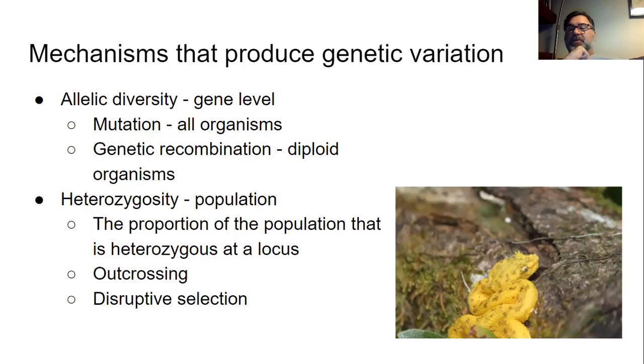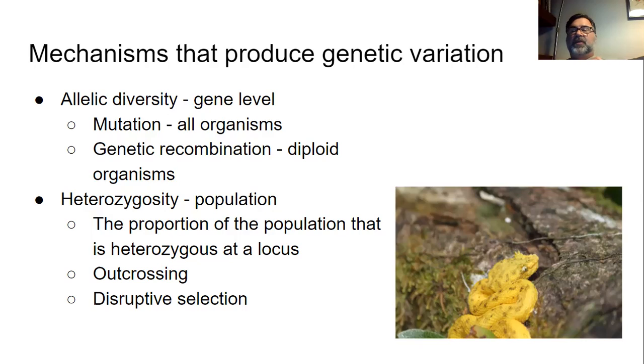For sexually reproducing diploid organisms, genetic recombination is the source of allelic diversity, in such a way that when there's crossing over, the alleles for any locus on the homologous chromosomes that are crossing over are broken up and exchanged, and you can get genetic diversity that way.